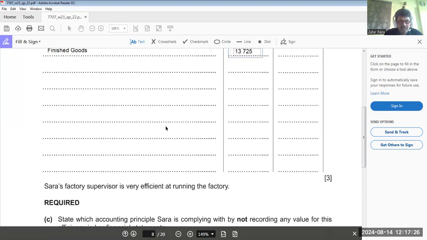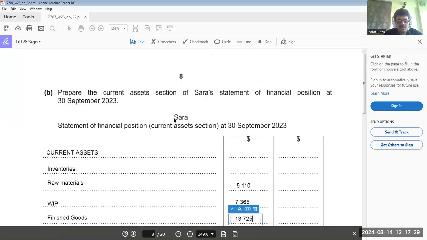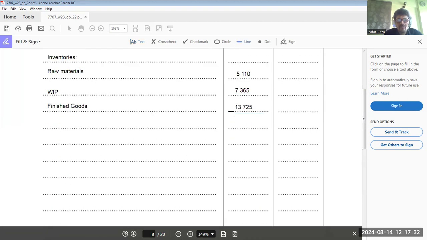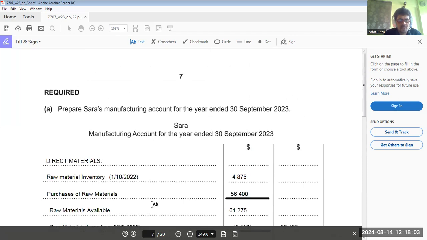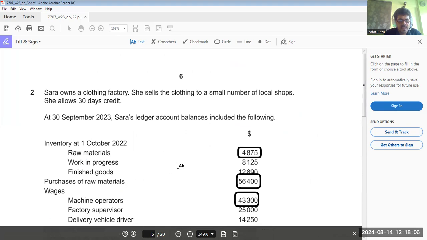Then what we report? Total inventories would be 5,110 plus 7,365 plus 13,725, which is 26,200. The second item we need is trade receivables and provision for doubtful debts, if any. I don't think so.